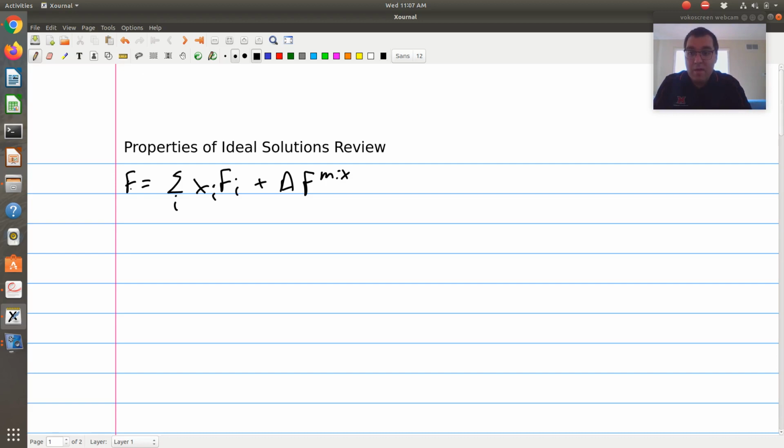So F here, the molar F in my mixture, is equal to the molar average of the molar F's of those pure component systems I'm mixing together, at the same T and P, plus delta F of mixing, right? To add functional dependencies, just to make this clear, remember F would be a function of temperature, pressure, and composition.